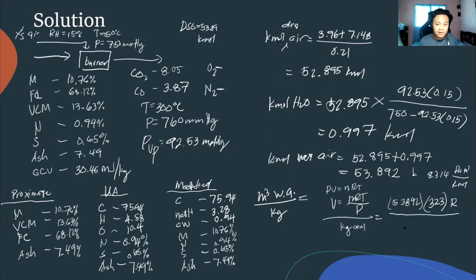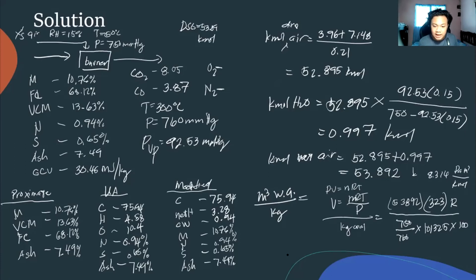And then we have our total pressure, which is 750 mmHg. Then convert that to pascals. So divide by 760 times 101,325. Diba? Okay. So form that, and then divide that by the kg coal. So nara gibutan ako sa ubos tanan. Kg coal.